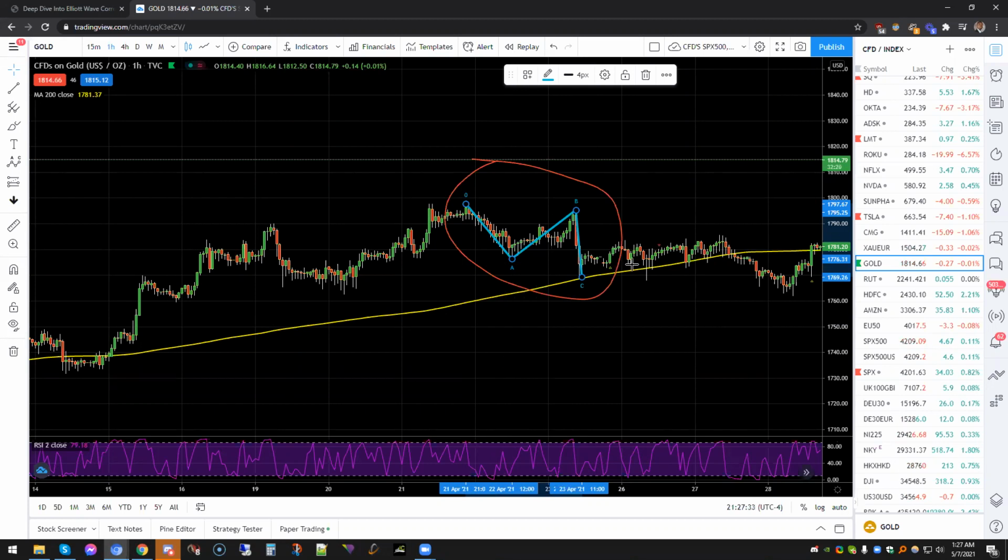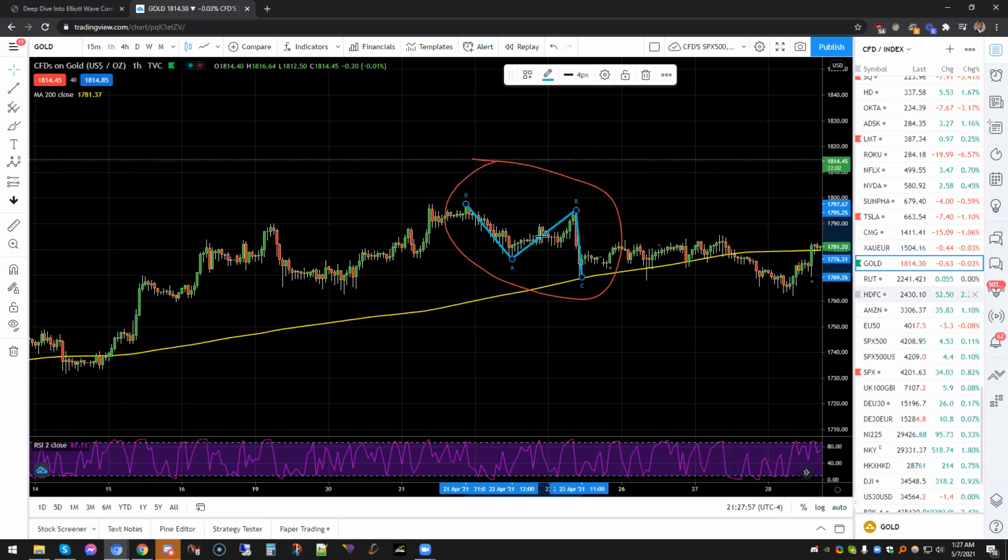Do you guys think that you can identify this pattern easily on your chart? All right, I see Kevin says easy. Okay, I see Monica said, how could you put in a trade with the ABC pattern?